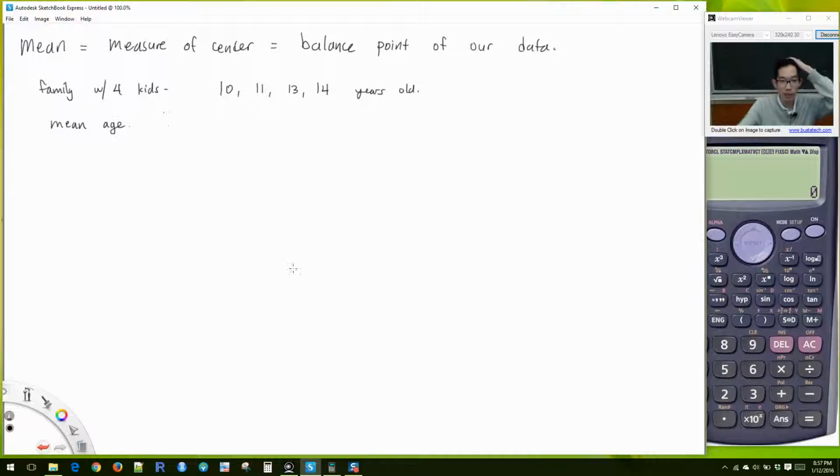I think we're familiar with this concept of mean. The symbol that we use for mean is x bar, and we get the mean by adding up the values and then dividing by how many you have.